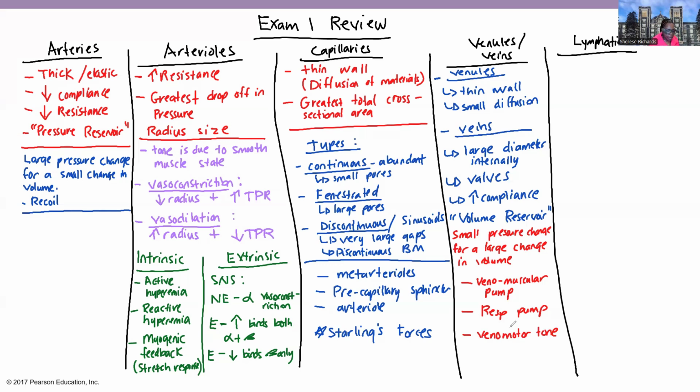So this increases our end diastolic volume by increasing our venous return. That increases our ejection and therefore our mean arterial pressure on the ejection side, right, on the arterial side. So venomotor tone is one of the factors that increases mean arterial pressure on the arterial side.